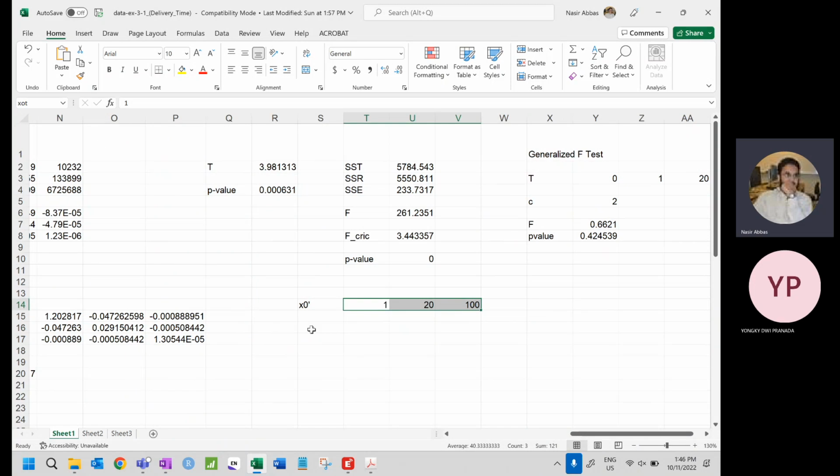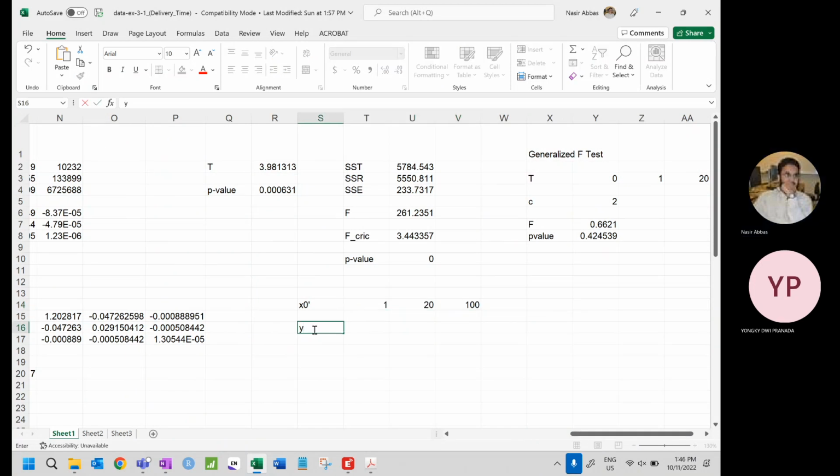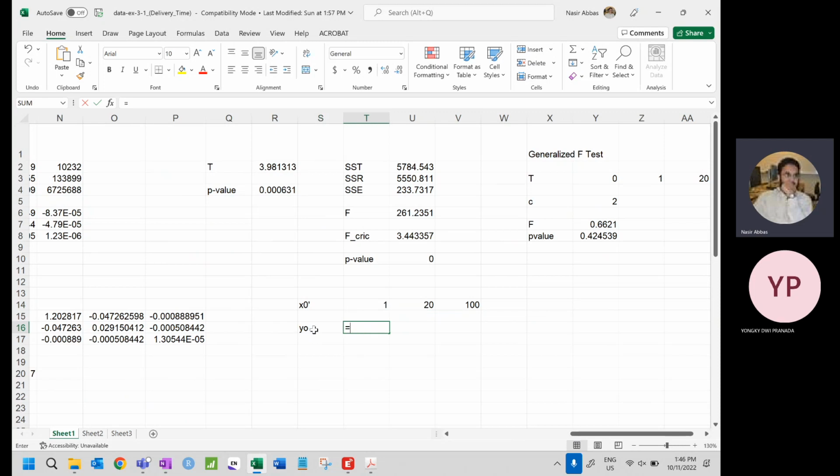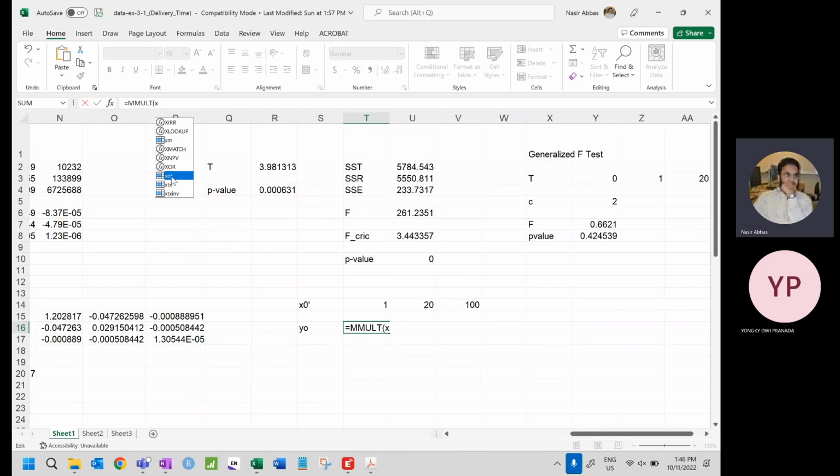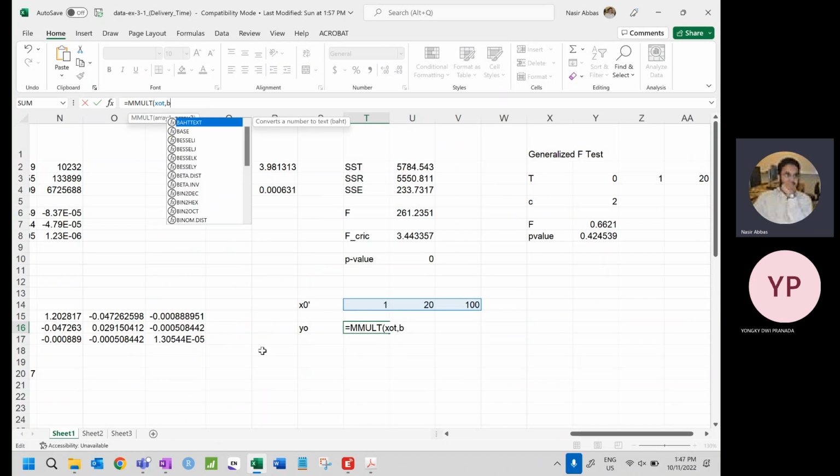So the fitted value against this one will be what? Y naught will be the matrix multiplication. What do I multiply? X naught prime, x naught. Where is it? It's not appearing. Why is it not appearing? Did I give it a name? Here it is. I did not put 0, I put O. XOT with beta hat. Did I give the name beta hat?